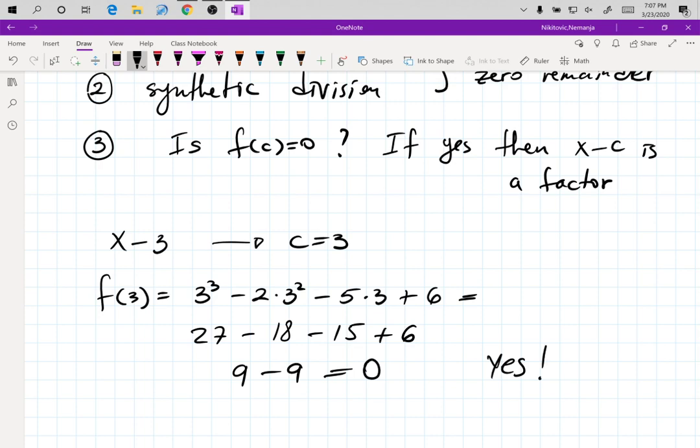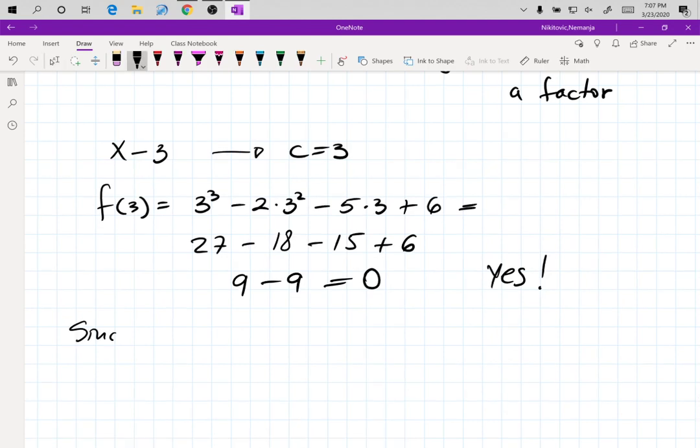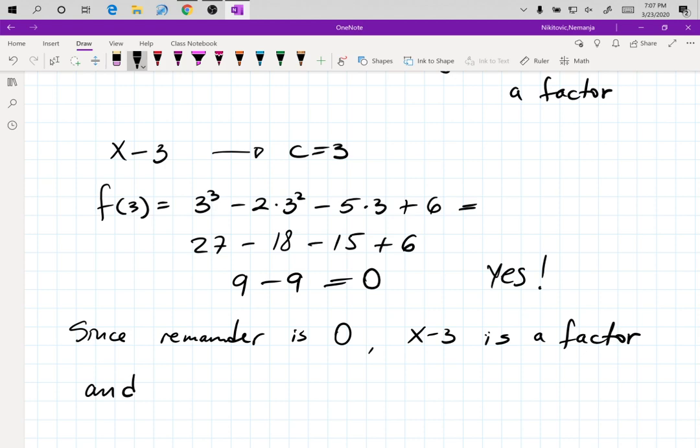Yes. So since the remainder is 0, x minus 3 is a factor, and x equals 3 is a root. Needed for 2.5.